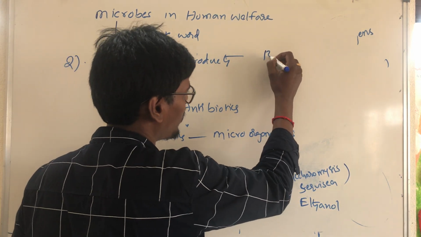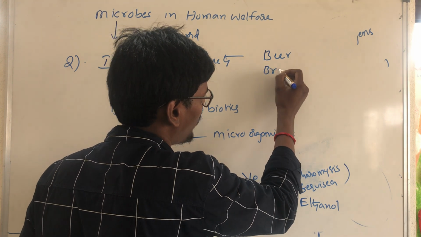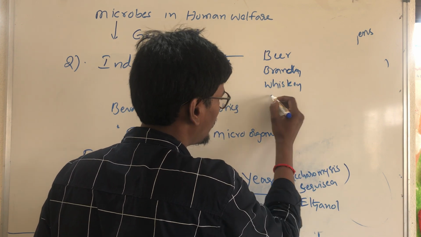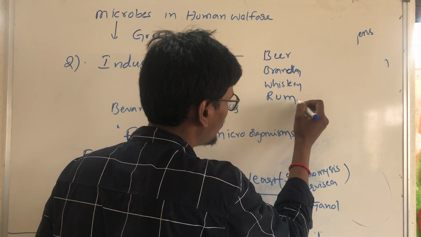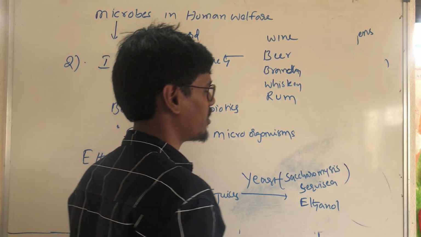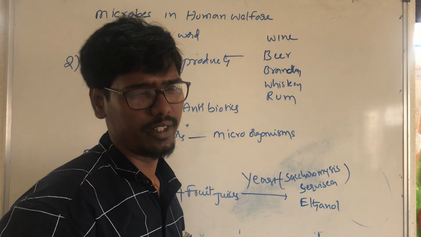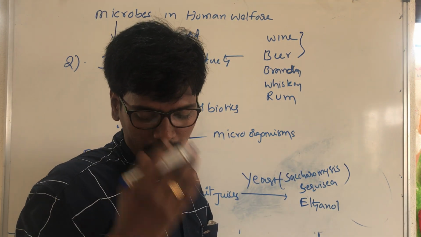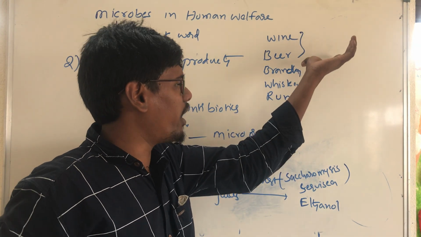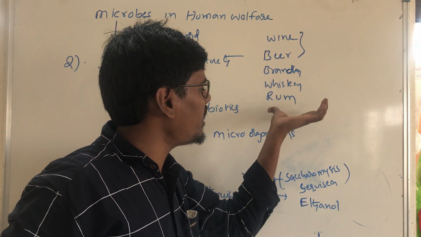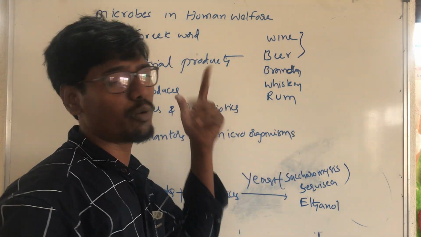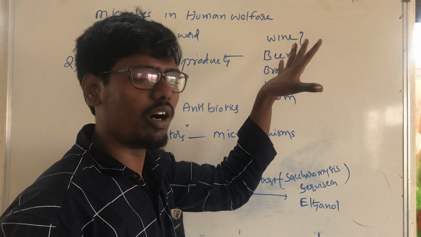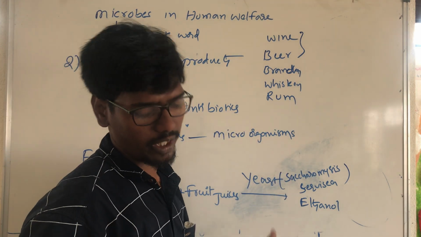Next, alcohol is produced in different types: beer, brandy, whiskey, rum and wine. These are all industrial products, and these are all alcohol products, and ethanol is also an alcohol product.